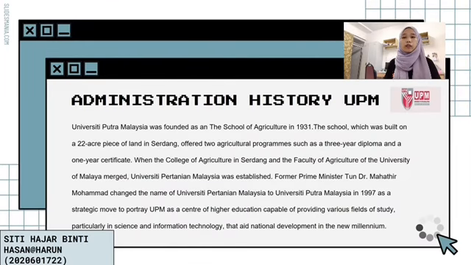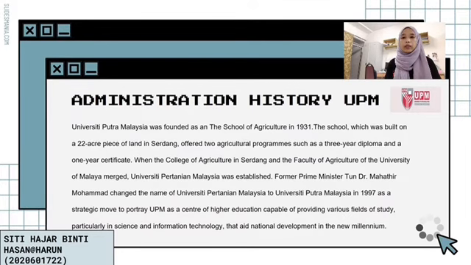Administration history of UPM. University Putra Malaysia was founded as the School of Architecture in 1991. The school, which was built on 22 acres of land in Serdang, offered two architectural programs, such as a 3-year diploma and a 1-year certificate. When the College of Architecture in Serdang and the Faculty of Architecture of University of Malaya merged, University Putra Malaysia was established.